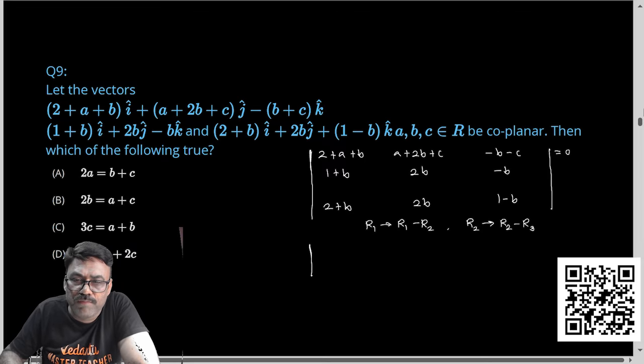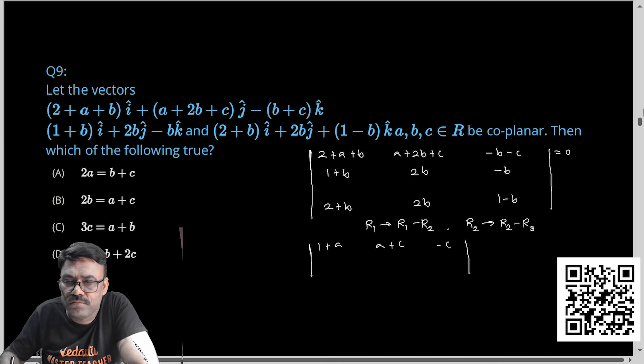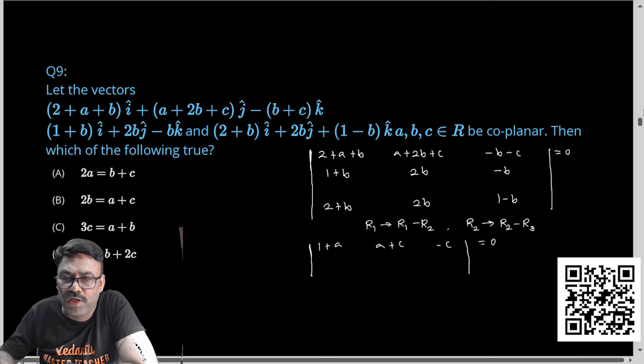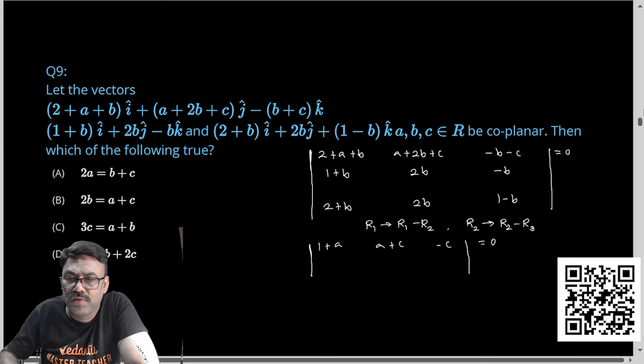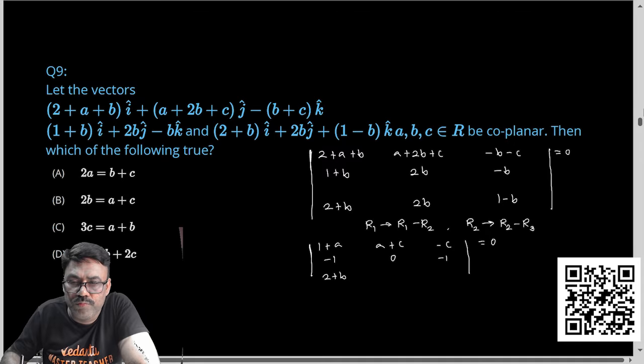So you will get 1 plus a here. 2 minus 1. Then you will get a plus c here. Then you will get minus c here. Then R2 minus R3. You will get minus 1 here. 0 here. And minus 1 here. And then 2 plus b, 2b, 1 minus b.